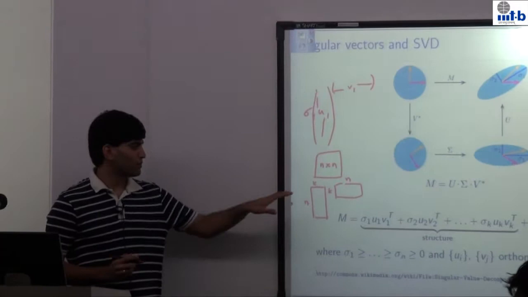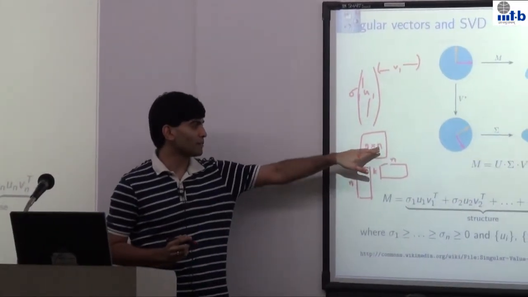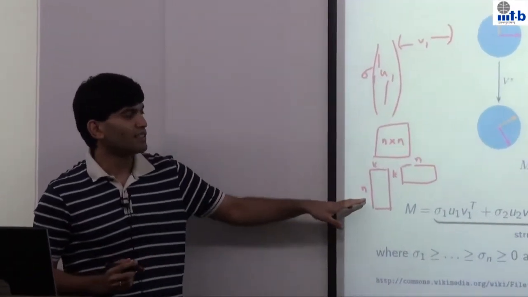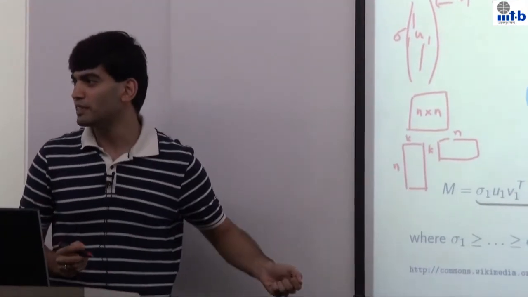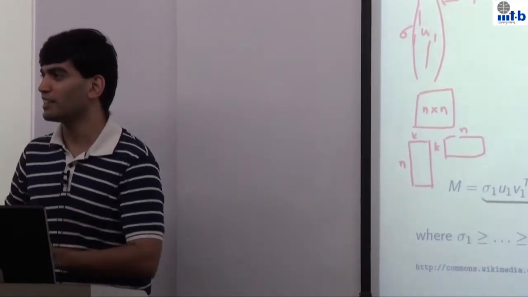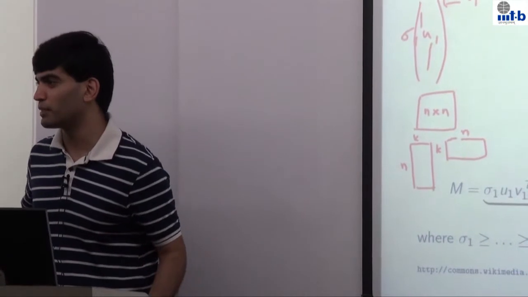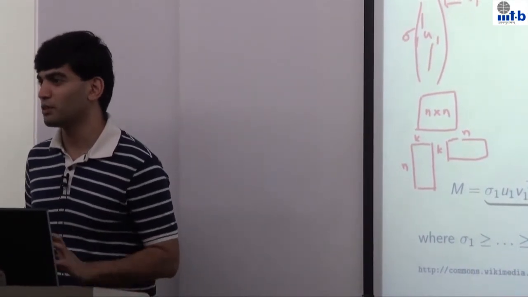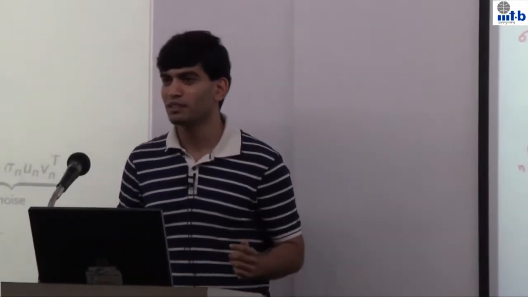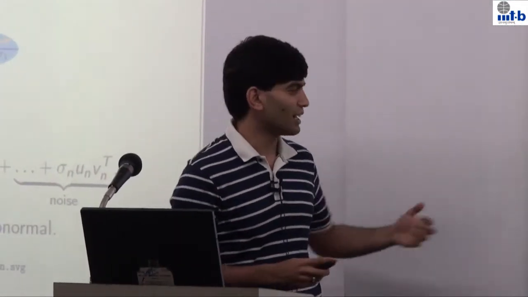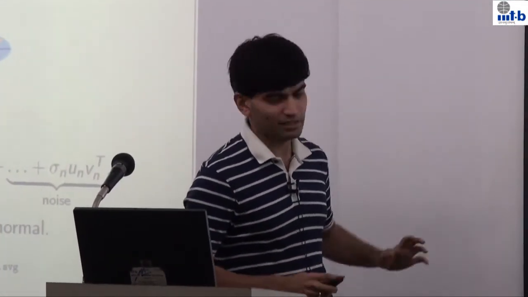If n is a million by million and k is 10, it's easier to keep two matrices which are million by 10 rather than one matrix which is million by million. So in that sense, it's a compression, or it helps reduce what you actually keep or run your algorithm on.